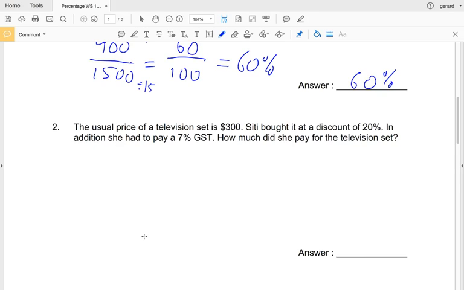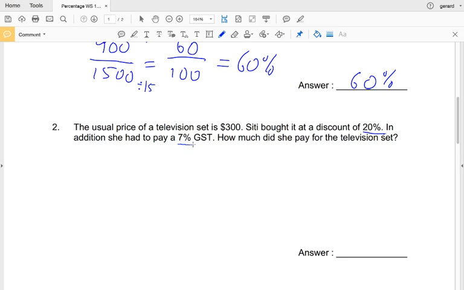When you meet these kind of questions, it is very, very important that you work according to how the question is formed. What I mean by that is, here it says that City bought it at a discount of 20%. Now this 20%, you have to do out of the 300 first, then you do the 7%.